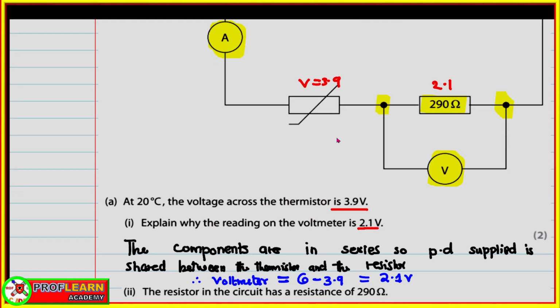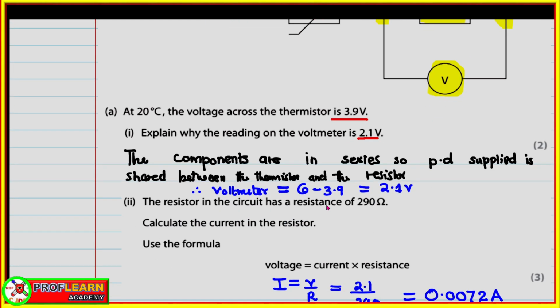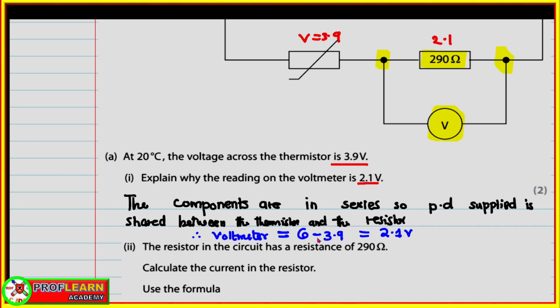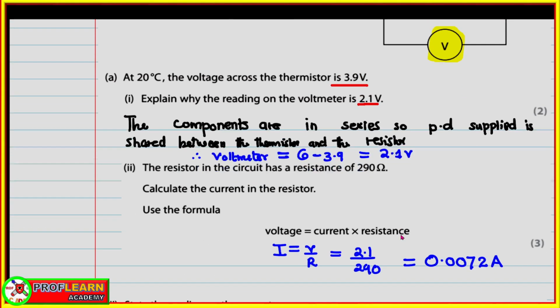So we are going to say the components are in series, so the PD supplied is shared between the thermistor and the resistor. So the voltmeter reading here must be 6 minus 3.9, which is 2.1.